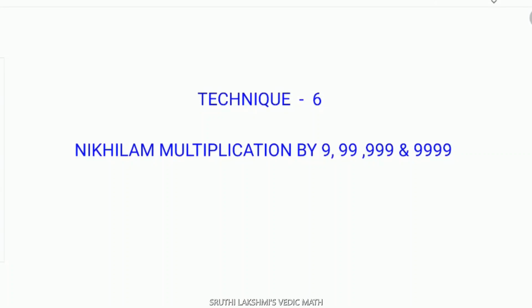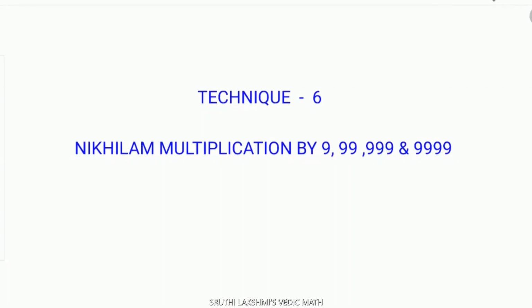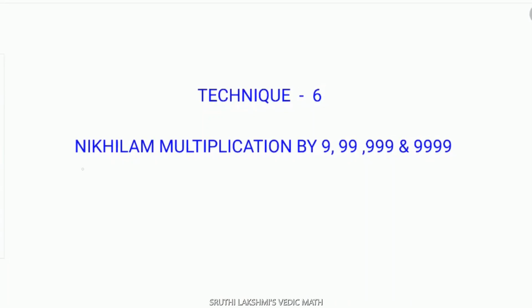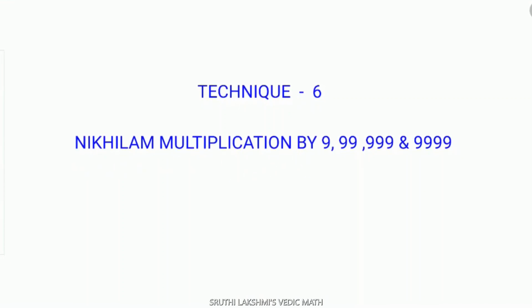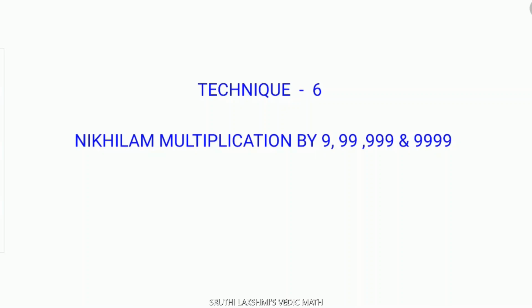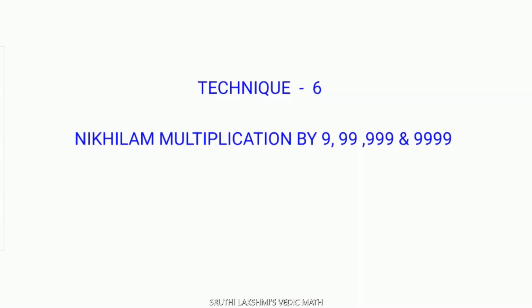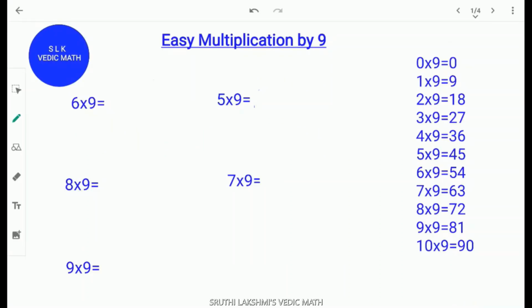Now let's see the sixth technique. Nikhilam multiplication by 99, 999 and 9,999. Let's see some examples. 6 times 9. 1 less than 6 is 5. Write down the 5 and put a slash. 5 plus what equals 9? 5 plus 4 equals 9.